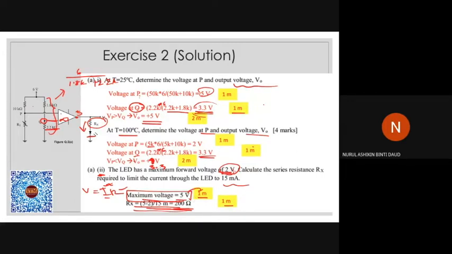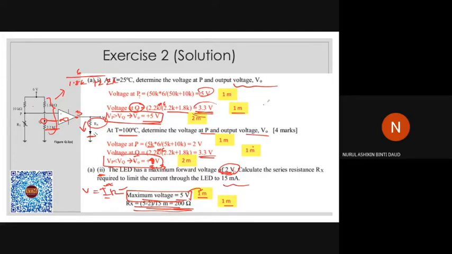Because we don't know which information will give you marks. For this question, this information will give you 2 marks, which is quite big. And this information will give you 2 marks as well. So don't forget to write this information, because it will carry marks.